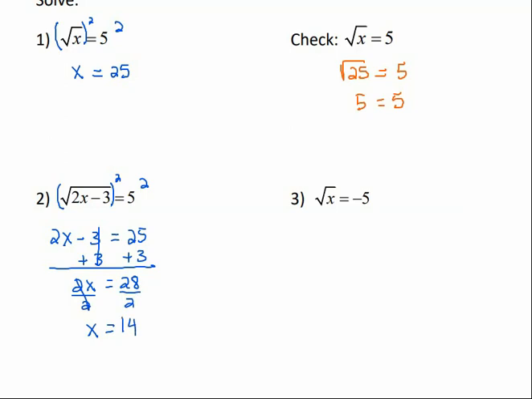Okay, so let me see if that is correct. So to do that, I'm going to plug 14 into my original equation. I have the square root of 2 times 14 minus 3 equals 5.